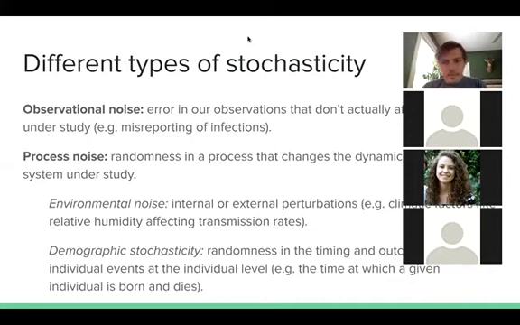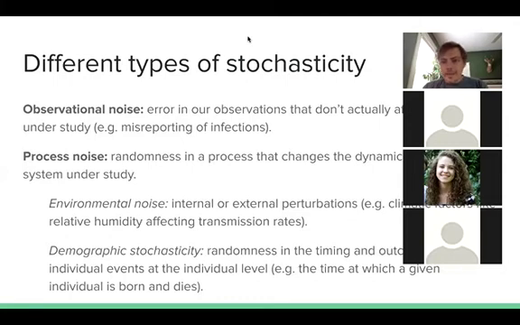And then the second form of stochasticity, and the really interesting form that we'll spend a lot of time talking about today, is what's known as demographic stochasticity. This is randomness in the timing and the outcome of individual events. When we think about individuals in a population, there's going to be some randomness in terms of the fates of these individuals. Individuals are going to be born or die at different times, or a given individual is going to become infected with a disease or recover at different times.